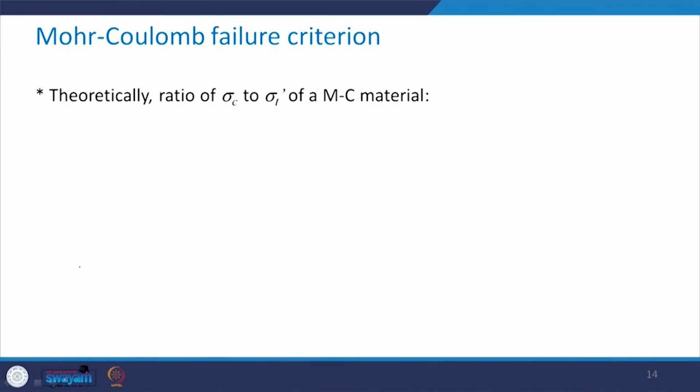Now theoretically, the ratio of sigma c to sigma t prime of a Mohr-Coulomb material is going to be given by this expression.